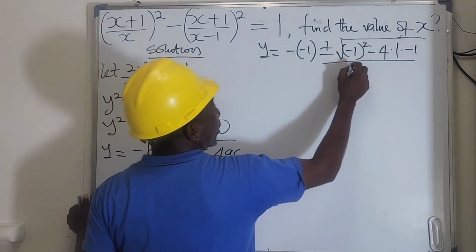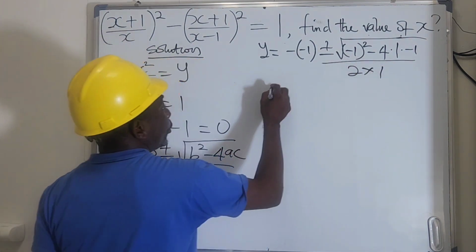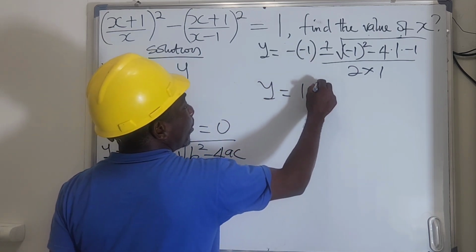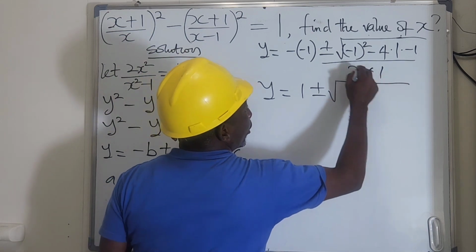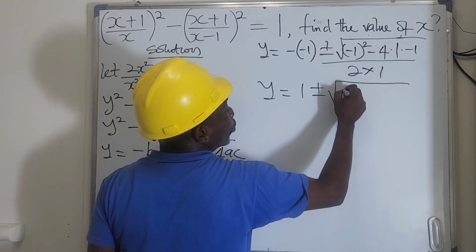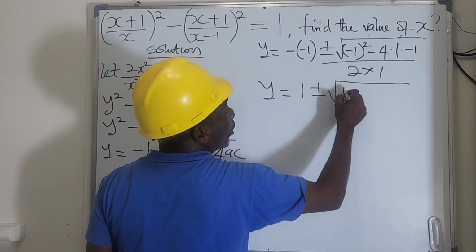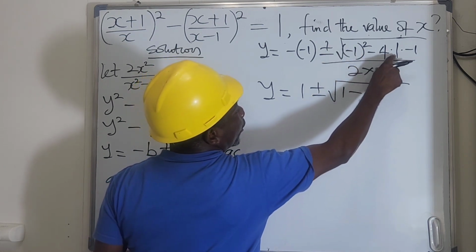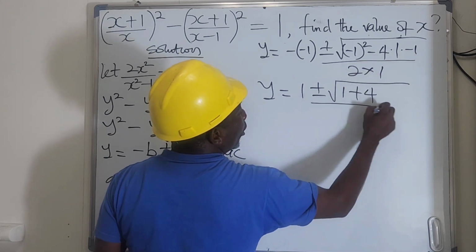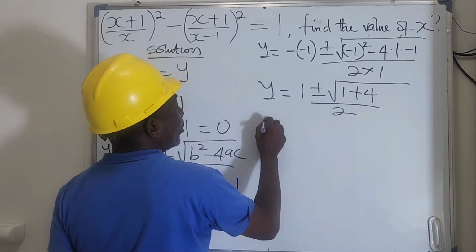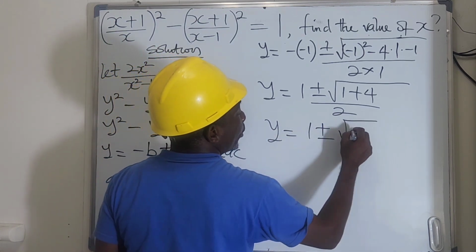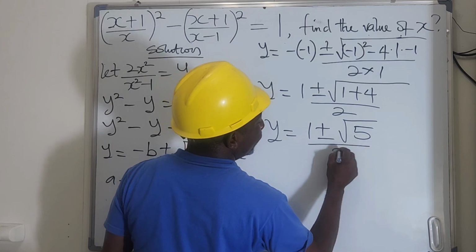Our a is 1, so 2 times 1. So y will become minus times minus is 1, plus or minus the square root of 1 minus 4 times minus 1, which is plus 4, all over 2. So that will become y equals 1 plus or minus the square root of 5 all over 2.